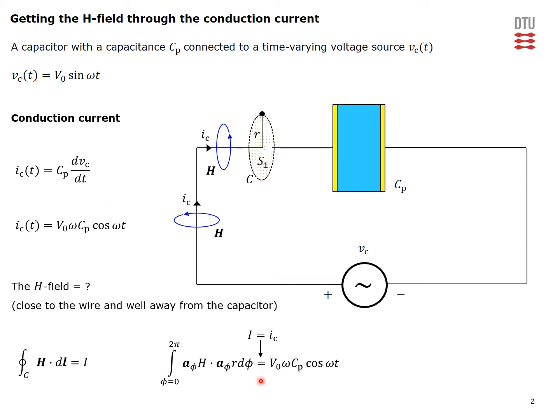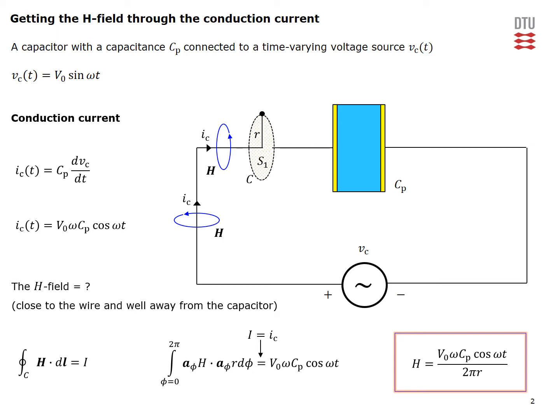The left-hand side will give 2 pi times the magnitude of the field times the distance to the observation point, and from that you can easily isolate the final value of the magnetic field intensity, or more precisely, the magnitude of this magnetic field intensity at that particular point. This is something that we have determined by using Ampere's circuital law as introduced in magnetostatics.